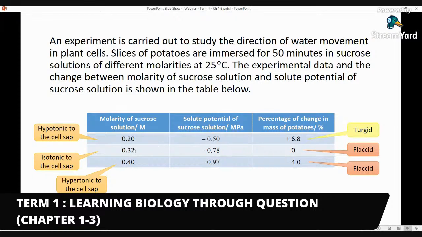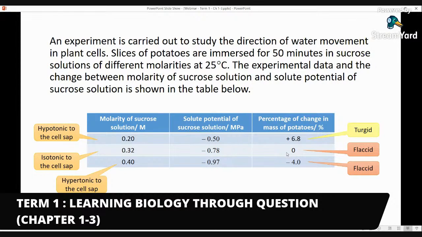When you see here, the molarity of sucrose solution is 0.32, then the solute potential is negative 0.78. The percentage of change in mass of potato is 0. So that means this sucrose solution at this concentration is isotonic to the cell sap.